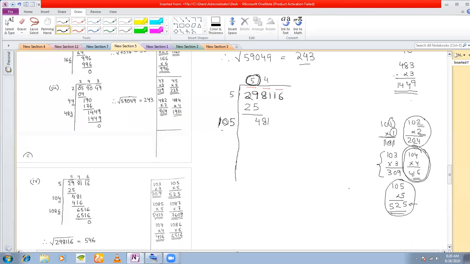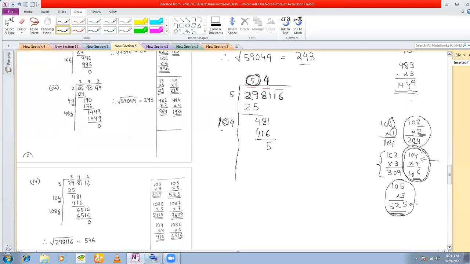You get 525, which is greater than 481. So we choose 104 into 4, and the 4 we also write here, to get 416. Now we subtract this.